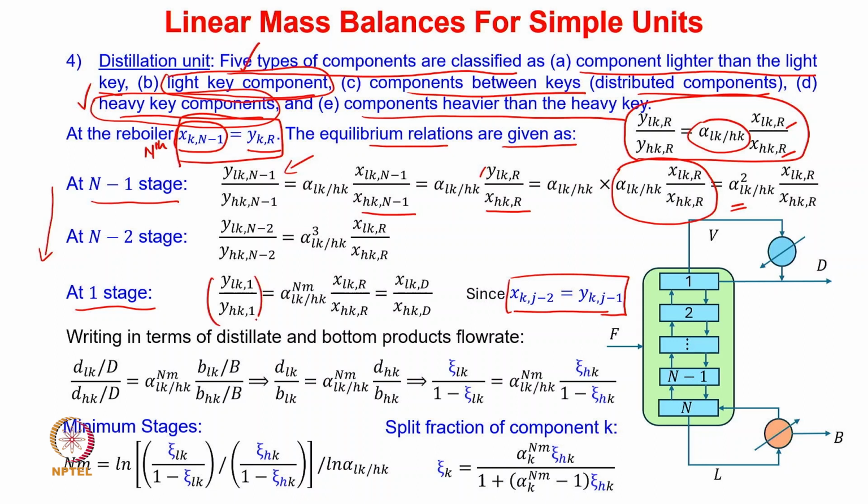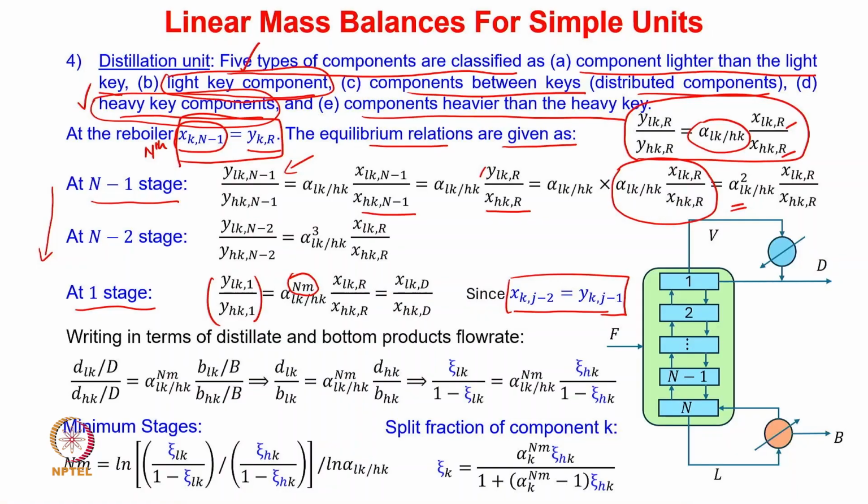So this can be represented as alpha lk by hk raised to the power nm. Here nm is nothing but the minimum number of stages required multiplied by xlkr by xhkr, and this xlkr by xhkr are nothing but what? These are nothing but the mole fraction of the light key component in the reboiler, and this is nothing but the mole fraction of the heavy key component in the reboiler.